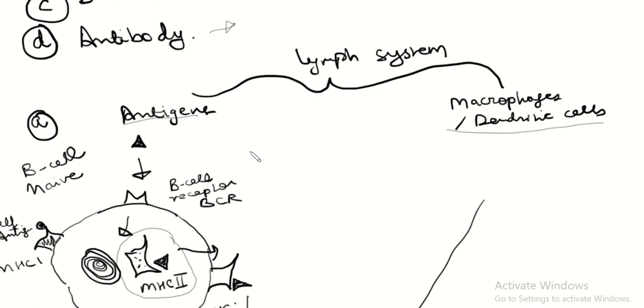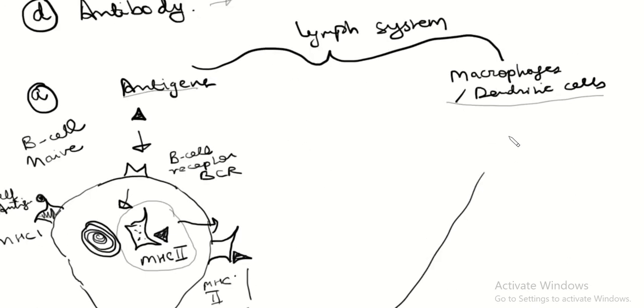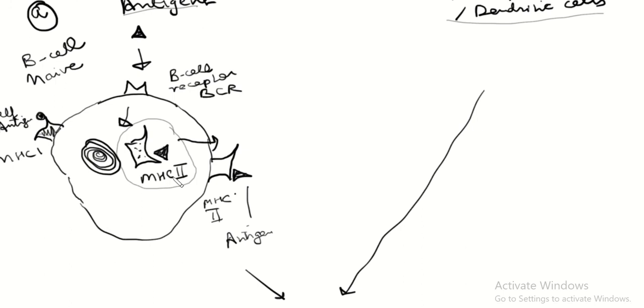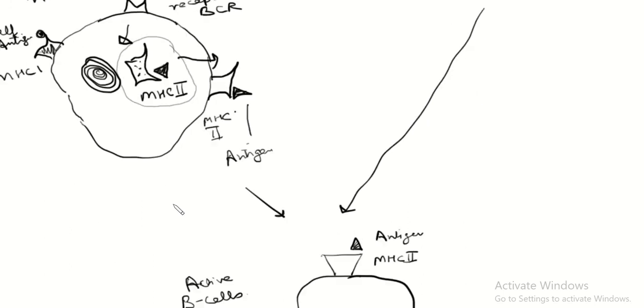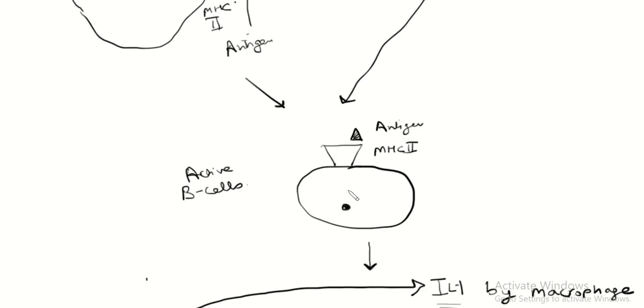Regardless of antigen or antigen presenting cells coming into the lymph system, the antigens get processed by the B cells and the antigen presenting cells; both of those pathways are doing the same thing. You have your antigen presenting cell, which has an MHC2, which has a foreign antigen on it.